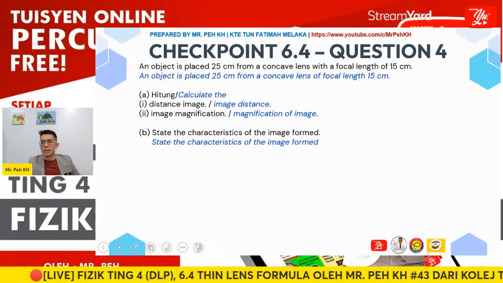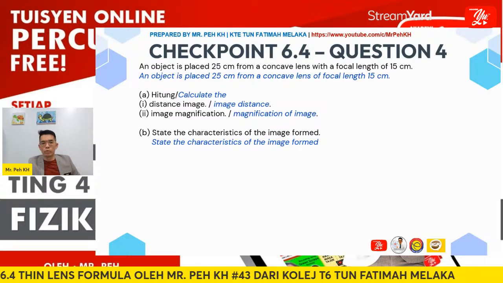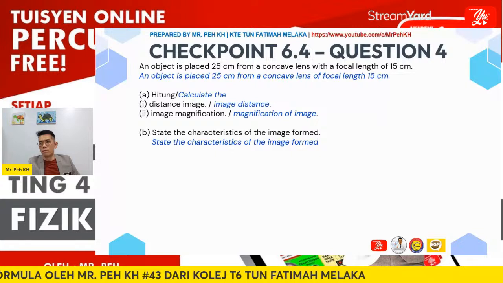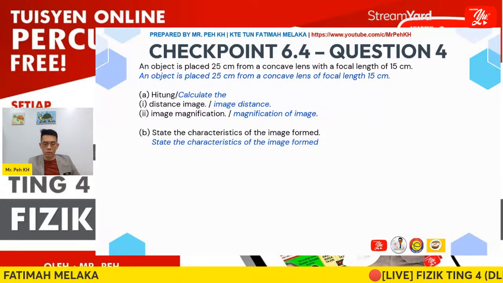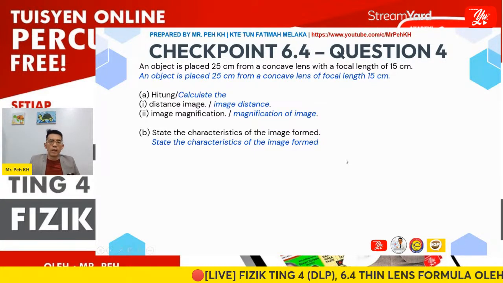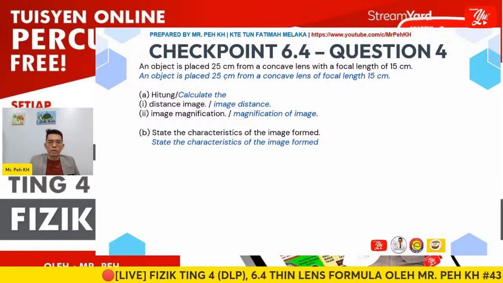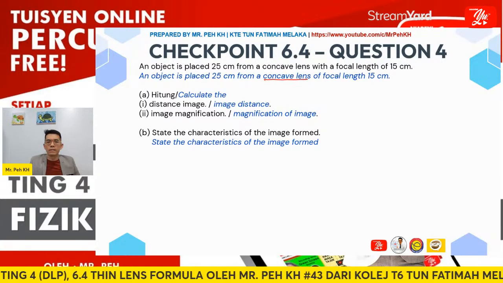Okay, so this is a question that might be asked in the calculation Paper 2, the 5 marks questions for B and C, and Section A might also involve some calculation questions. So this is an example. An object is placed 25 cm from a concave lens.